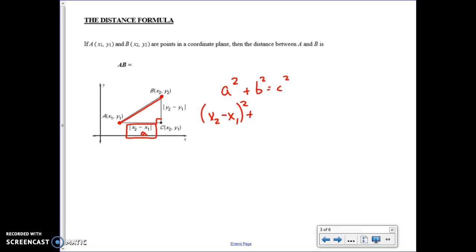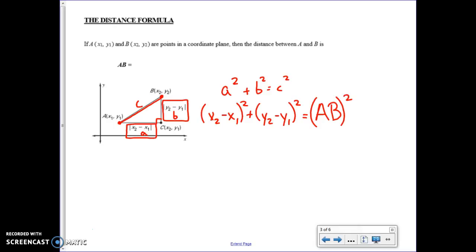Plus, then my side B is going to be over here, which is the difference in that vertical distance. So y2 minus y1, and we square it. That equals c squared. We'll call this over here our side C, which happens to be our segment AB, which also gets squared.